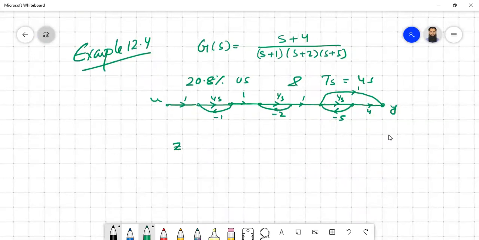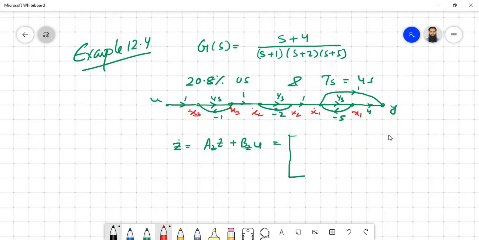represented in some other form, z dot equal to Az z plus Bz u, and that is x dot. So name them very quickly. So this is your x1. So x1 dot, x2 dot, x3 dot.